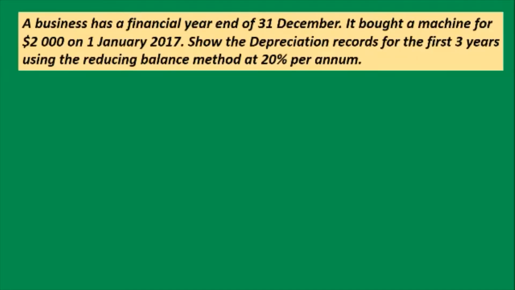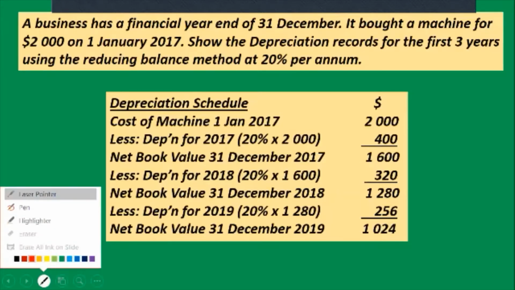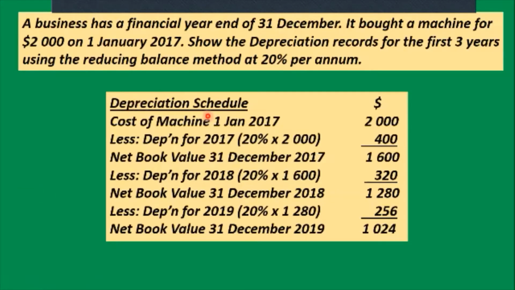Okay, so we will do our depreciation schedule first thing. Now, when you buy an asset, like on the 1st of January 2017, you don't wait to the end of the year to calculate depreciation.